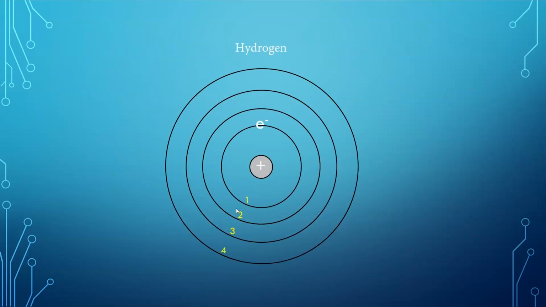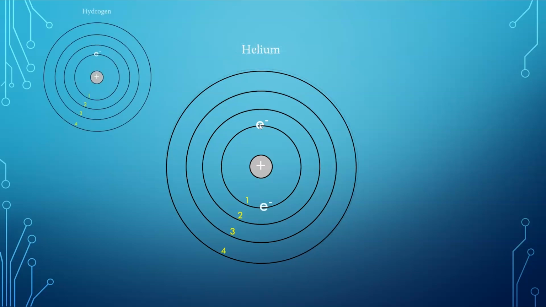Let's take a look back at some of these diagrams we did for elements in Chapter 11. The valence electron in hydrogen is this one here because it's the outermost occupied level, and it has one electron in it. So a hydrogen atom has one valence electron. Helium has 2 electrons in its outermost occupied level, so it's got 2 valence electrons.